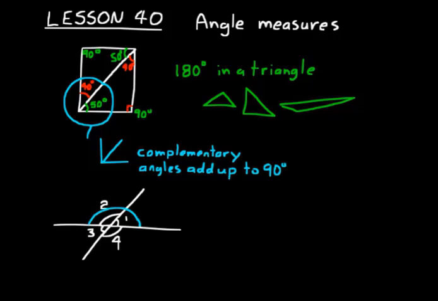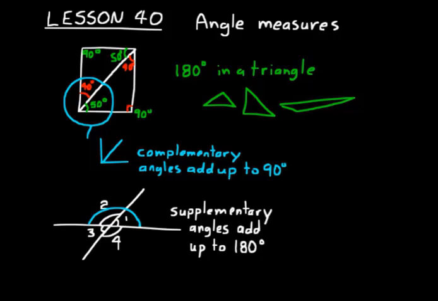Just think of two right angles back to back. That would total up to 180 degrees. Those are called supplementary angles. So angle 1 and 2 are supplementary angles. Supplementary angles always add up to 180 degrees. Now there are 4 angle pairs there that are supplementary angles: 1 and 2, 2 and 3, 3 and 4, and then 4 and 1. All those 4 angle pairs, if you look at them, you can see that they would add up to 180 degrees, which is a straight angle.